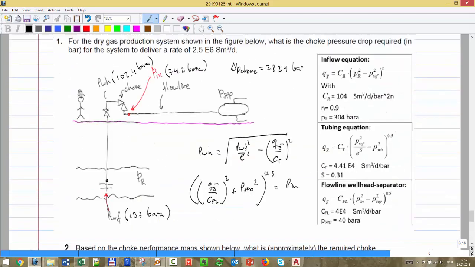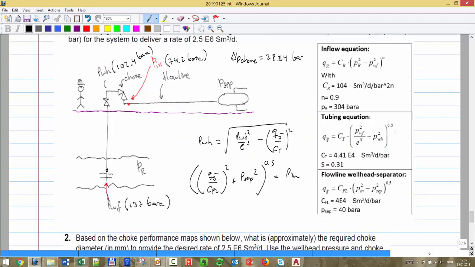So what is the pressure ratio we have? That will be P in divided by P wellhead. Just to have an idea what to expect. Okay, so probably we should be in the subcritical regime.